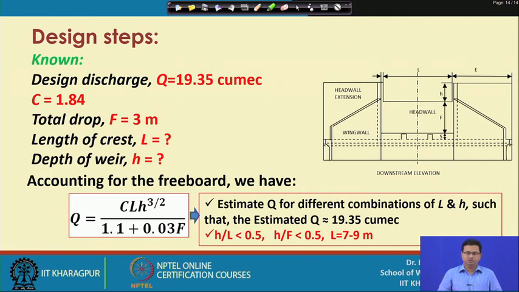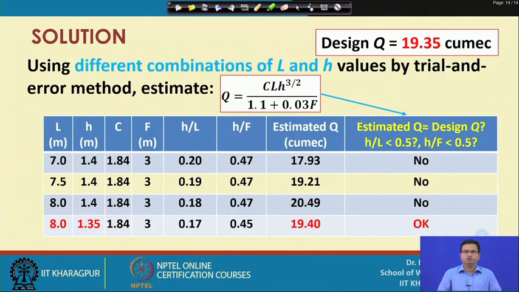F is given as 3 meter and C is equal to 1.84, and I have to again follow the same condition, that is small h divided by L is less than 0.5, small h divided by f is less than 0.5 and L should be selected within 7 to 9 meter. So, L should be within 7 to 9 meter and my design discharge is 19.35. That means, I have to estimate the value of L and H in such a way that my estimated Q value is nearly equal to 19.35 qmec.